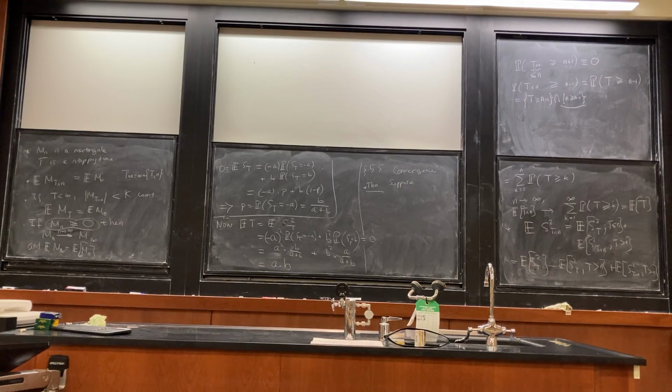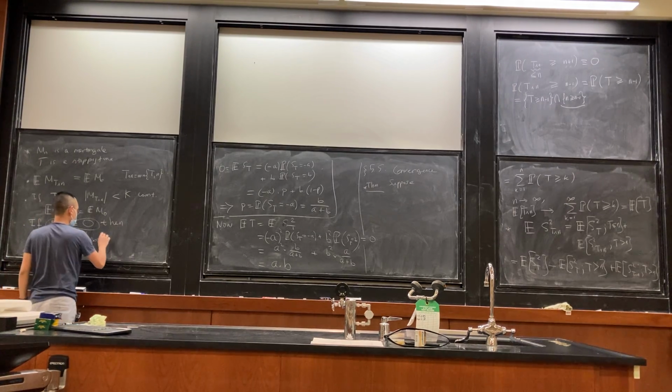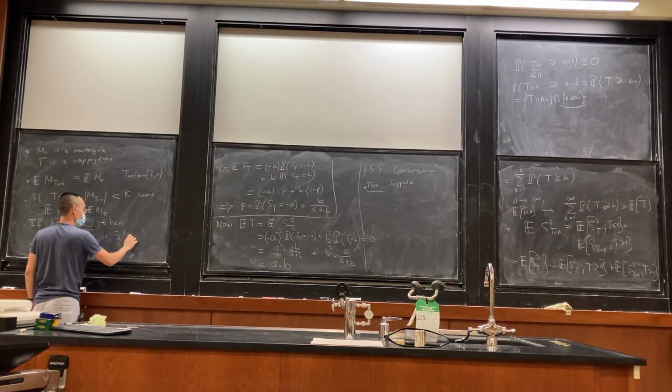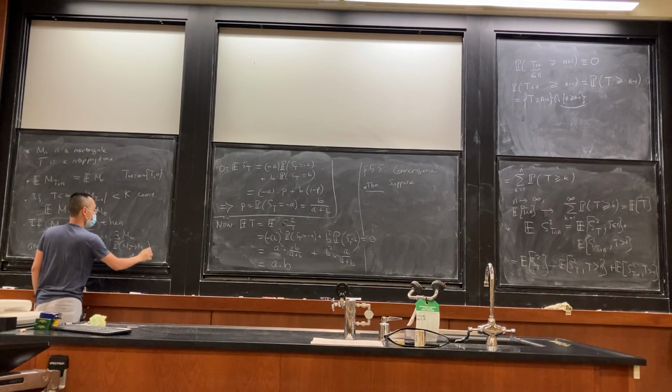But if you know it is non-negative, then it has to have a limit. So in other words, this random variable M_n converges as n goes to infinity with probability 1.